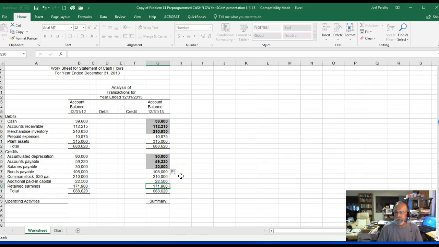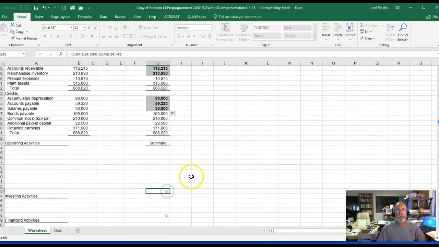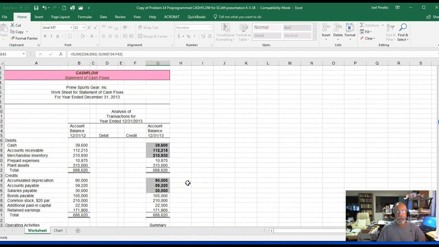But the spreadsheet is protected so as not to let students change those formulas. And the totals are already in there formula wise, and so we can start with that as a beginning point.